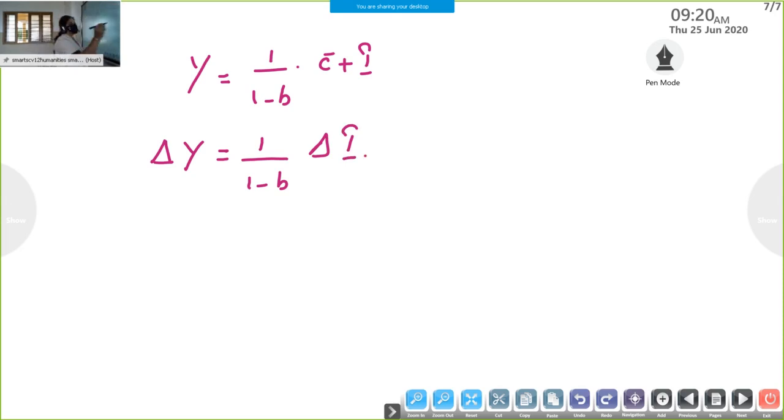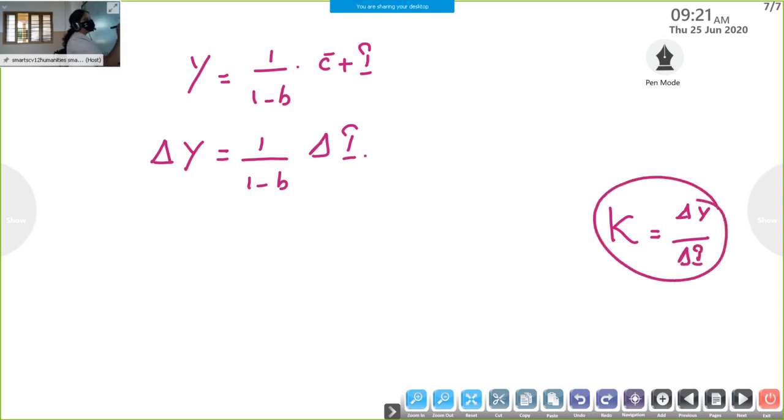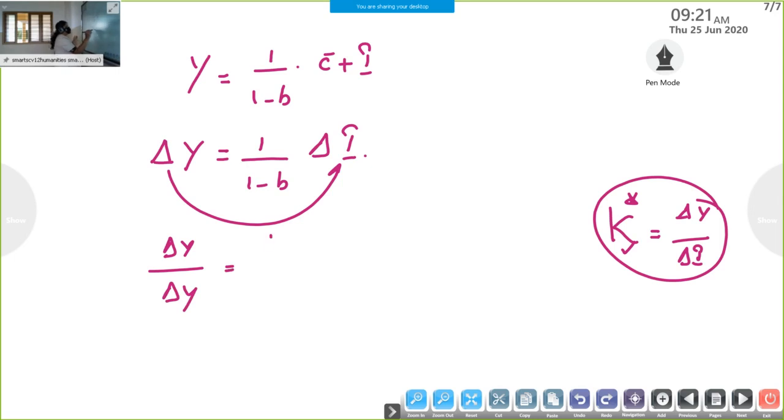We already studied that the ratio between additional income and additional investment gives the investment multiplier, right? So we can write delta y by delta I is equal to 1 by 1 minus b.